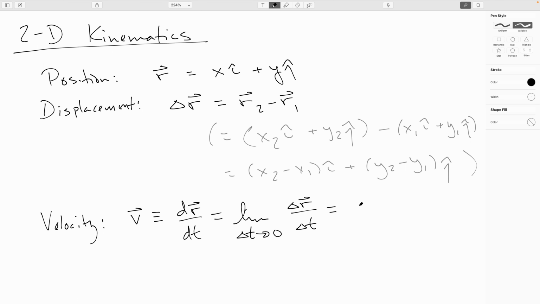So I can write this as dx dt times i hat plus dy dt times j hat, but that is the same thing as v sub x. That's the same thing as v sub y. So we can write that as vx times i hat plus v sub y times j hat.